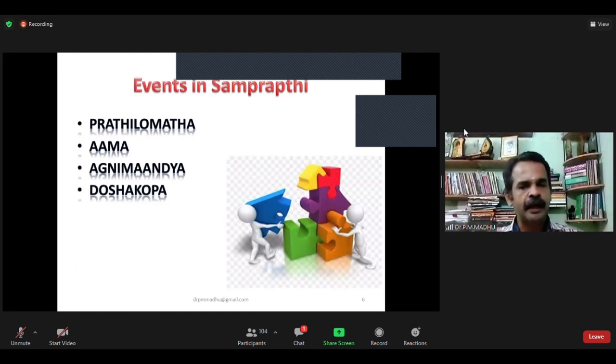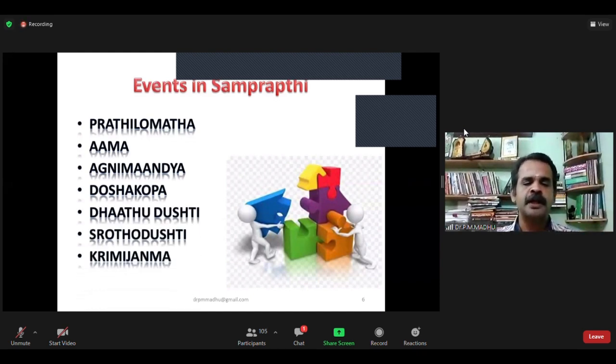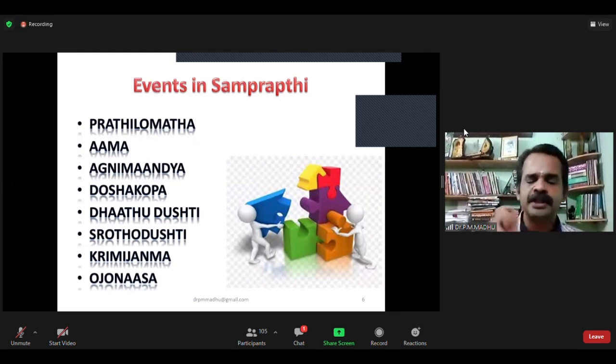And parallel to the basic steps, there will be Doshakopa, and Dhatudushti will be there, and Srotodushti will be there, Krimi Janma may be there, and Ojakshaya also may be there. So these are the essential events happening inside the body in order to produce a Samprapti.